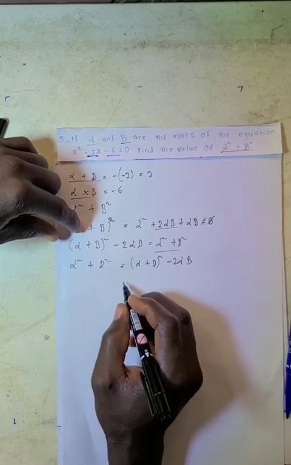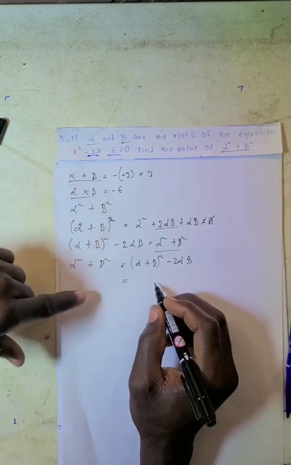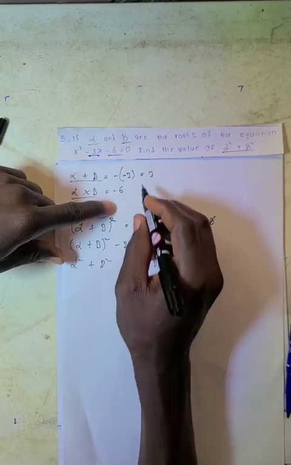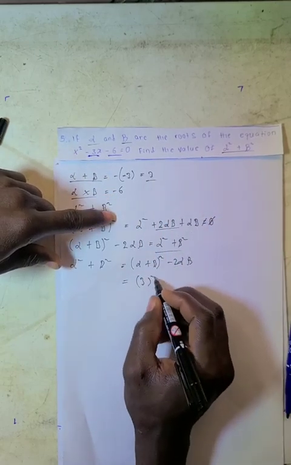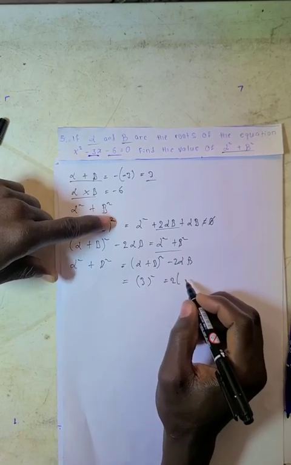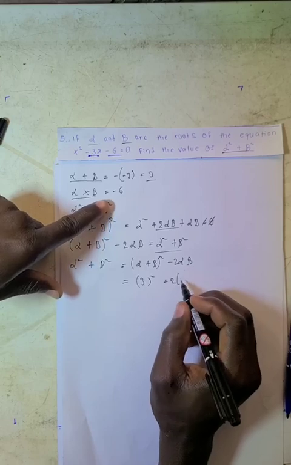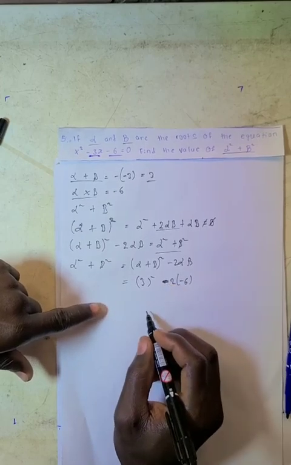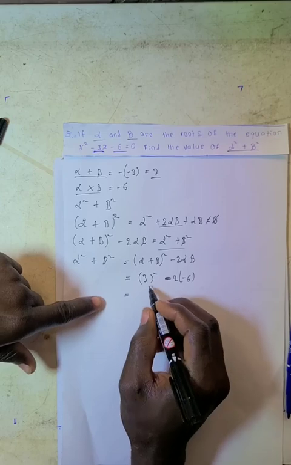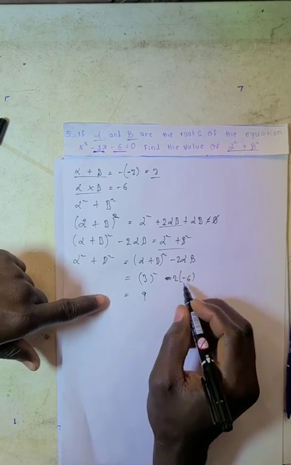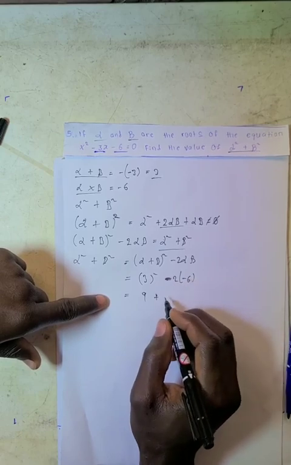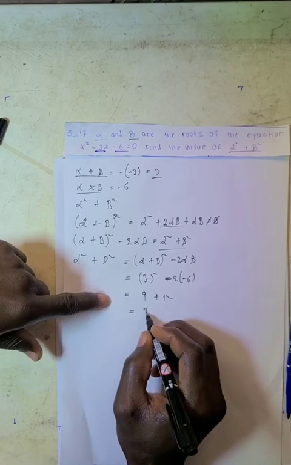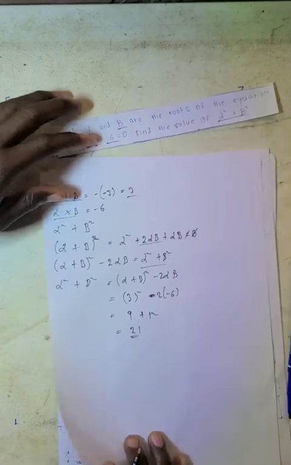Putting this in, alpha squared plus beta squared is equal to 3 squared, since alpha plus beta we have already calculated to be 3, minus 2 times the bracket of alpha times beta, which is minus 6. Minus times minus will give us plus. So everything is equal to 9 plus 2 times 6, which is 12. So it's equal to 21. So don't forget this.